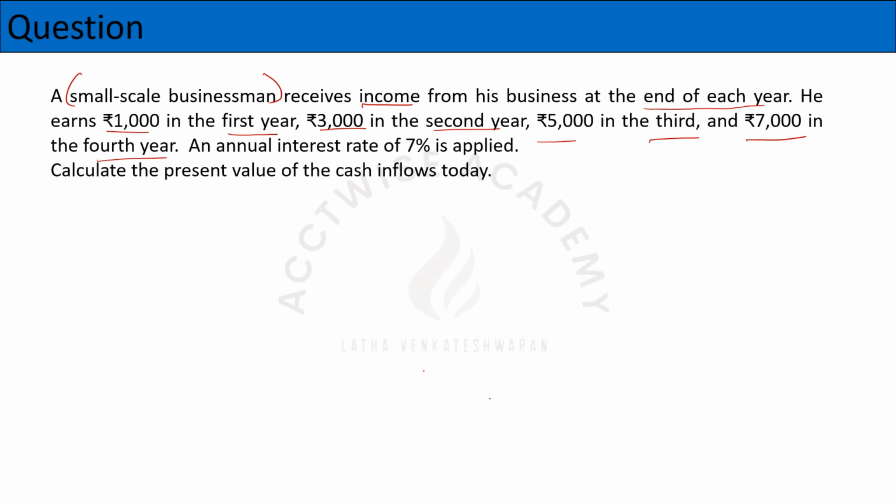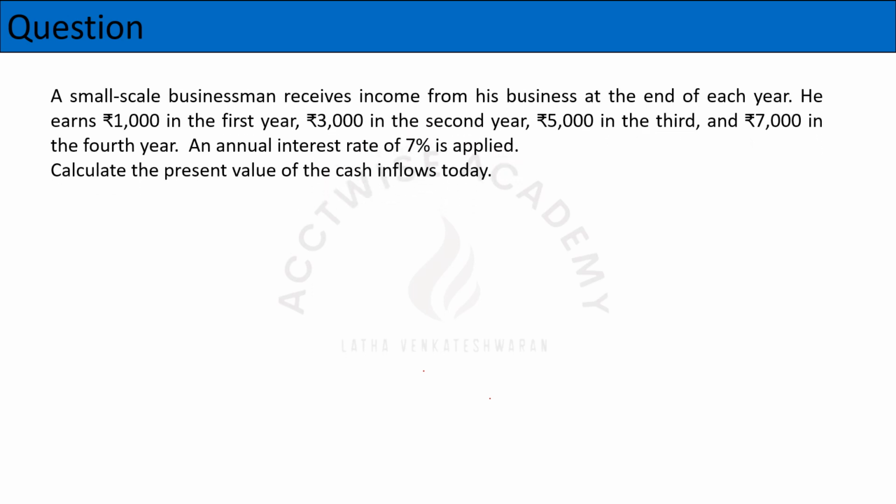An annual interest rate of 7% is applied. Calculate the present value of the cash flows today. So the uneven cash flows are 1000, 3000, 5000, 7000. We have to calculate for each year separately and then sum it to find the present value of the cash flows.